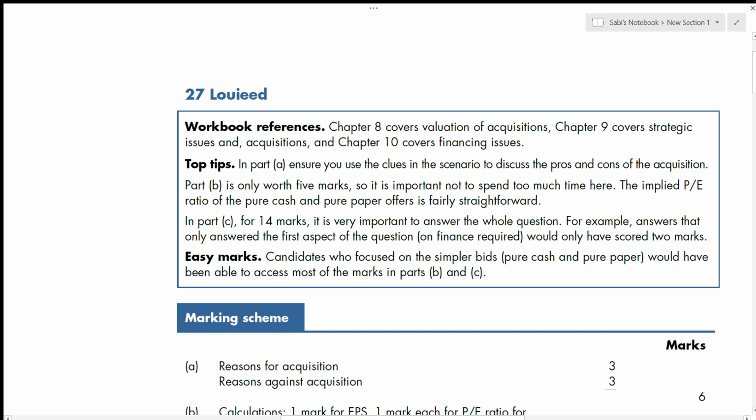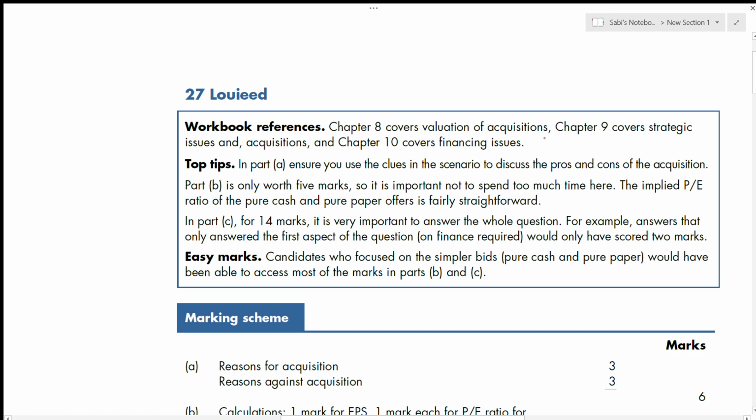Workbook references. Chapter 8, Valuation of Acquisition. You need to know how to value an acquisition. Please go through your chapter 8. Not chapter 8, I'm sorry. It has to be chapter 9, and chapter 9 and 10. So basically you have to go through chapters 9, 10 and 12.